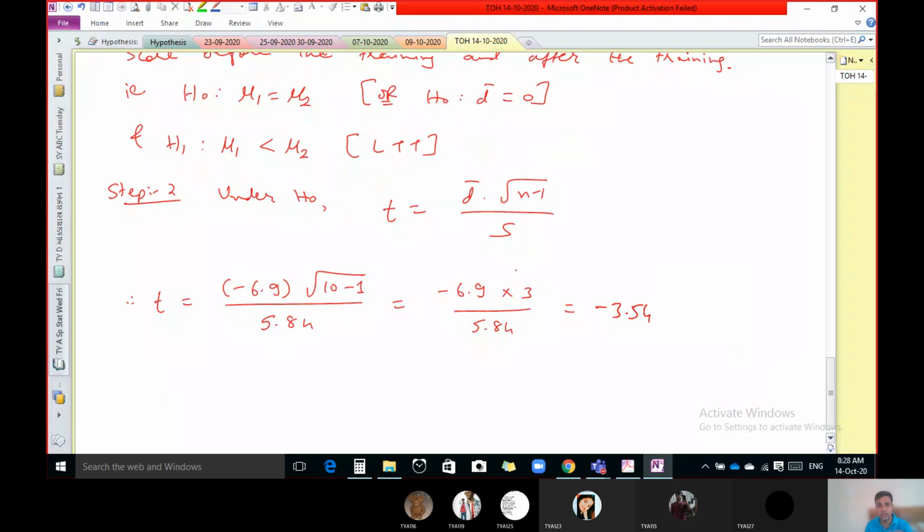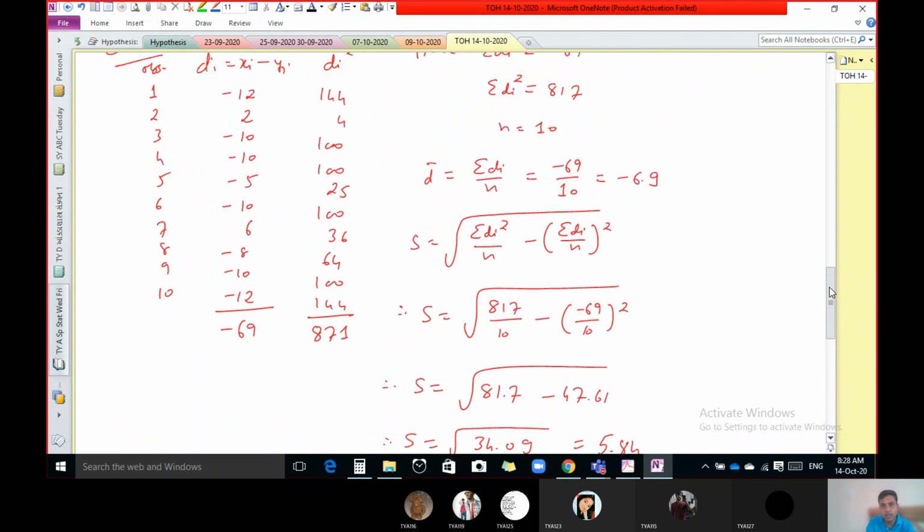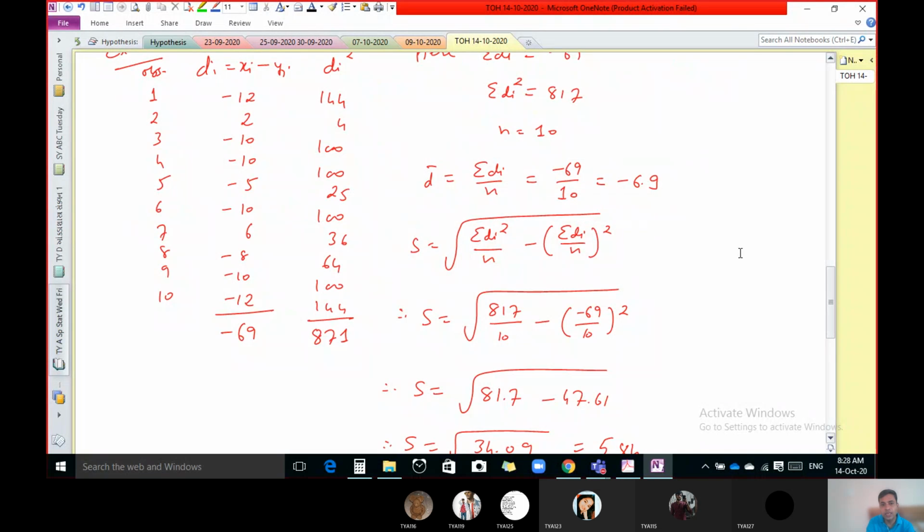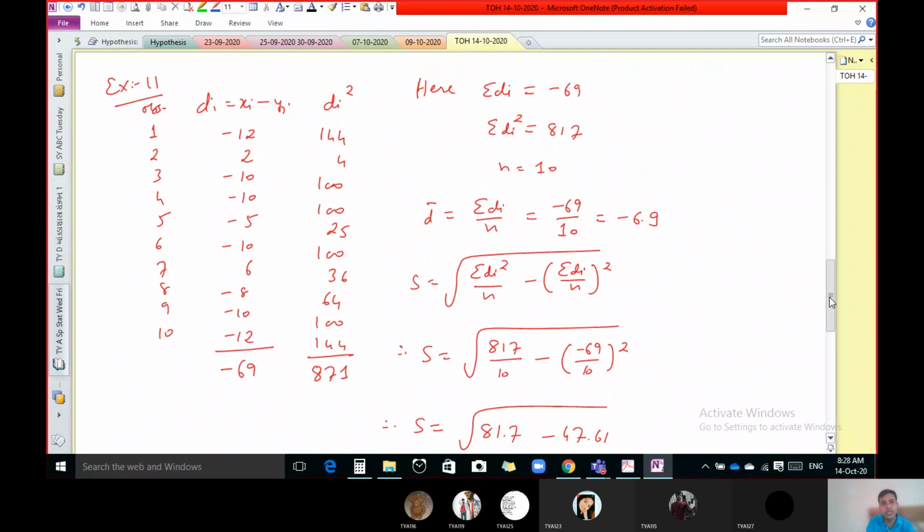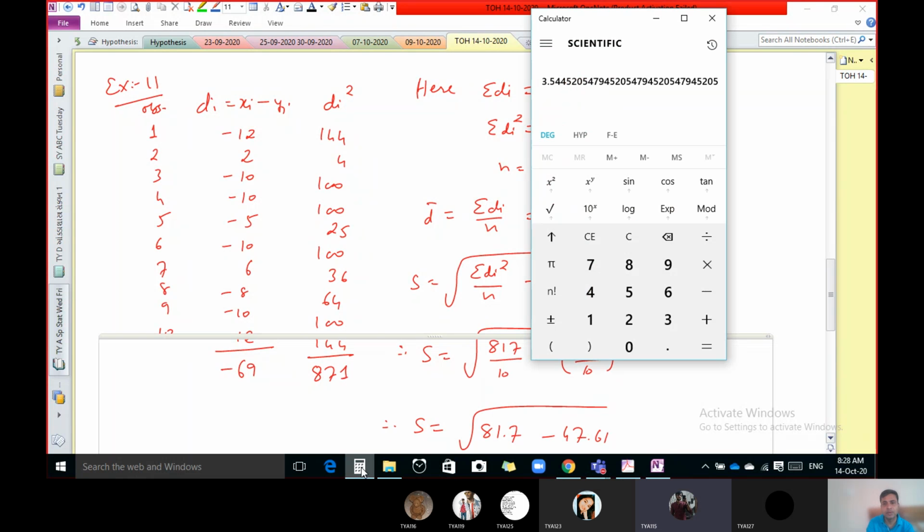3.72 is given. Let us check, is there any mistake or not? What is your d bar? Minus 6.9. This is correct. Check whether there is any mistake in the total of any of this. I think there is a mistake in the total. Sir, it's 817, we have written 871.